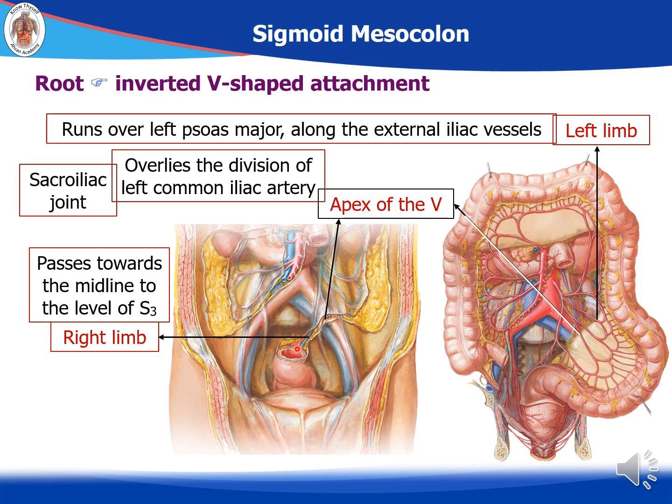In front of the middle of the third sacral vertebral body is the end point. So the V starts close to the midline, in front of the sacral body, ascends upwards to the level of the sacroiliac joints. Then it runs to the left side, parallel to the external iliac artery. So this is the attachment of the sigmoid mesocolon.